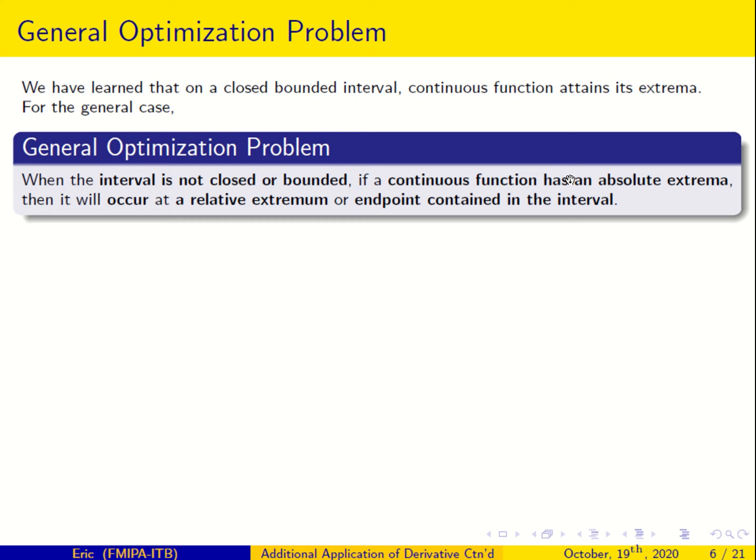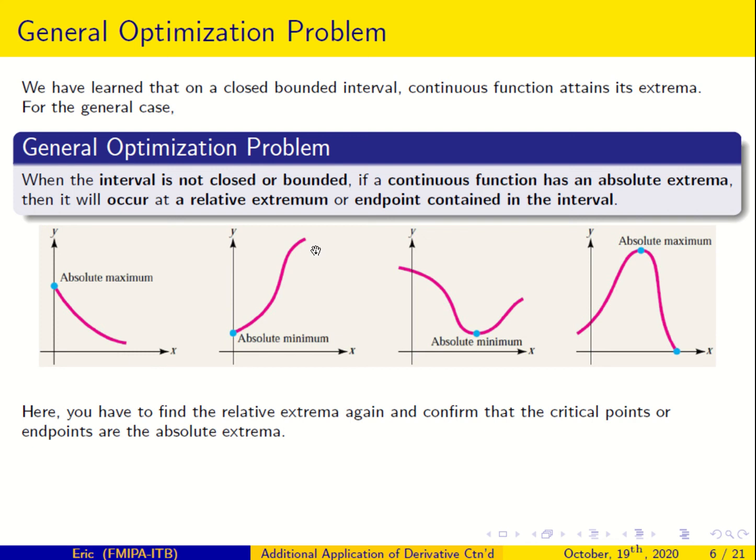But in this case, we have to know the monotonicity to confirm that the relative extremum is the absolute extremum. For example, in this interval until infinity, the absolute maximum happens at the endpoint. What about this? The absolute minimum happens at the endpoint too.